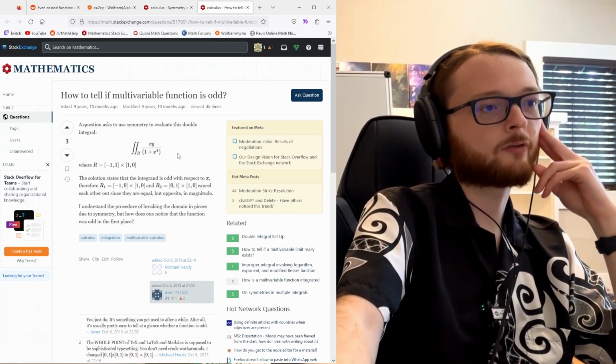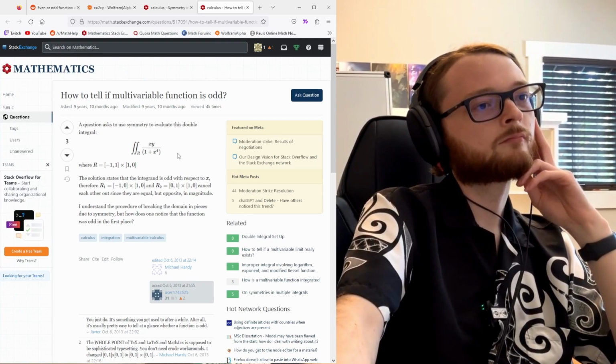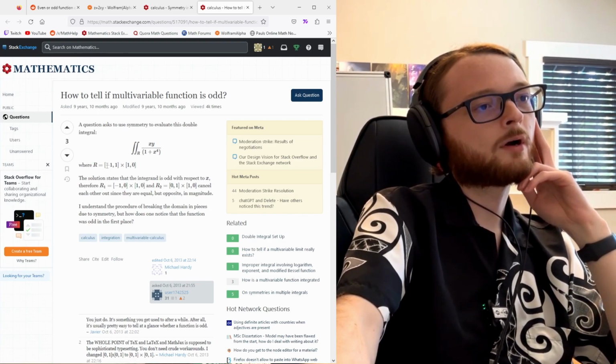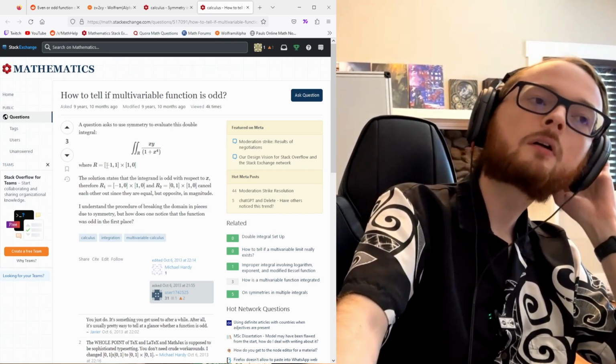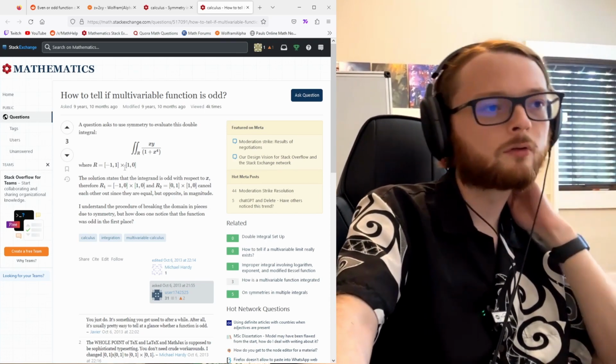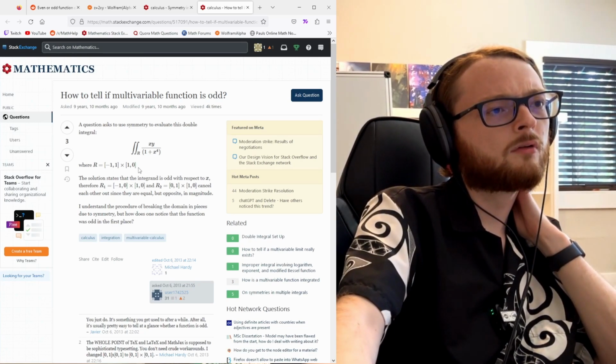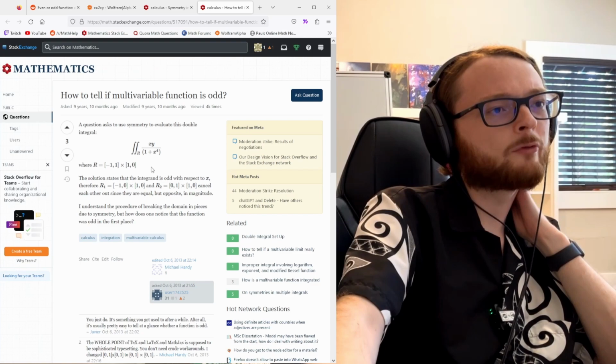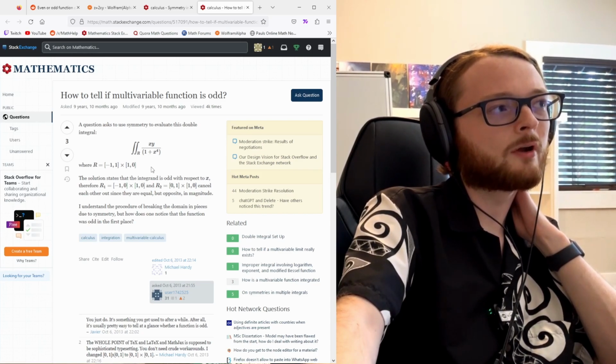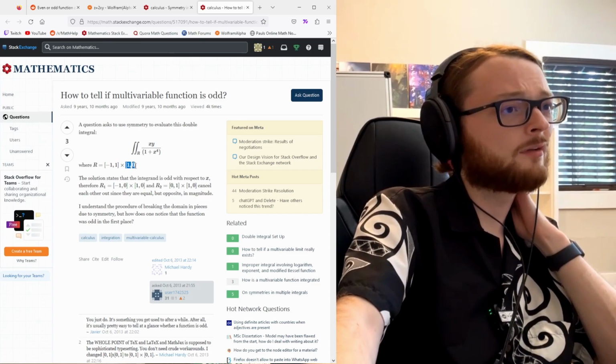Oh, it is odd with respect to x. Okay. Where r is -1 to 1 cross 1 to 0. Shouldn't it be 0 to 1? Or what does it mean when it's 1 to 0? I assume this is like a three-dimensional rectangular prism. Maybe length 2 and height 1?